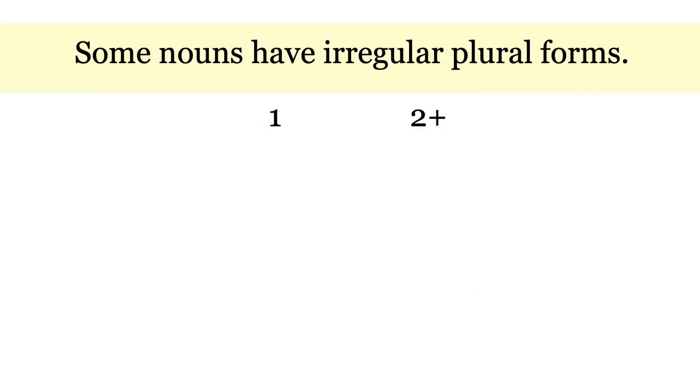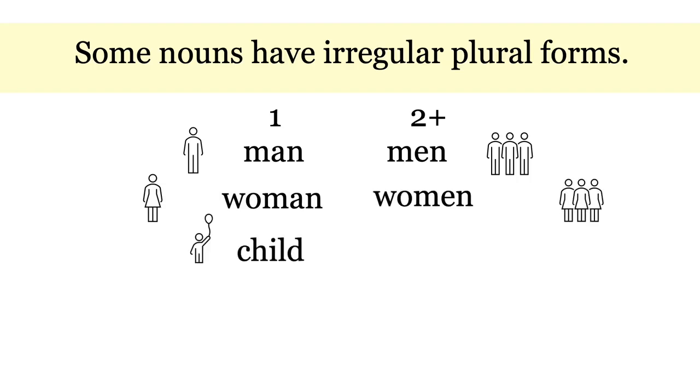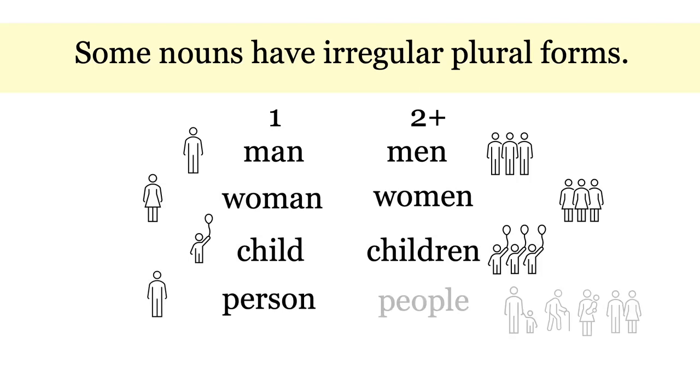Some nouns have irregular plural forms. There is not a spelling rule. We just have to know these. Here's some examples. 1 man, 2 or more men. Woman, women. Child, children. Person, people. Notice that none of these plural forms have S endings.